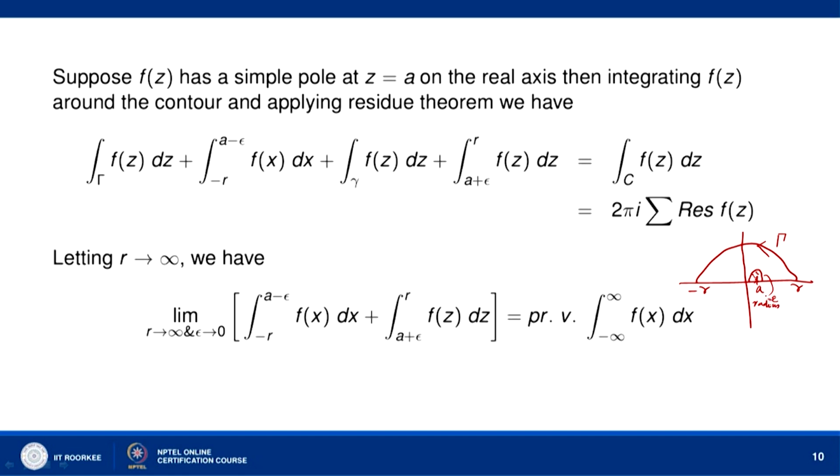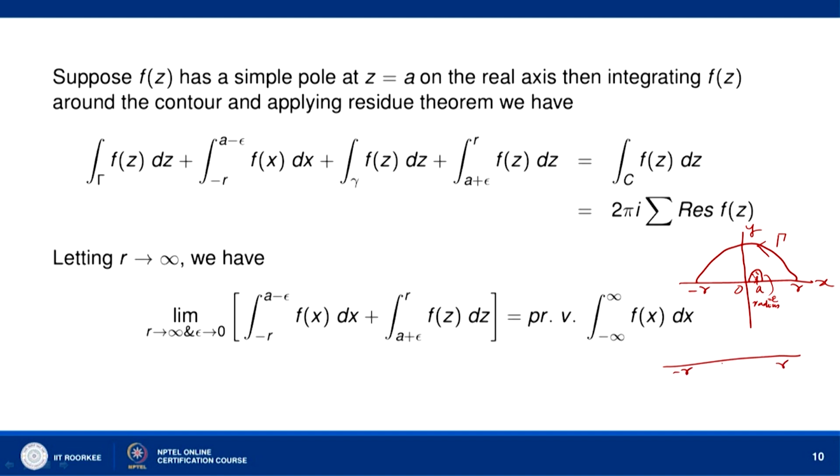So, when you consider the integral over C f z dz, it will be equal to the integral from minus r to a minus epsilon f x dx, plus the integral over gamma f z dz, plus the integral from a plus epsilon to r f x dx. Let me write it separately.